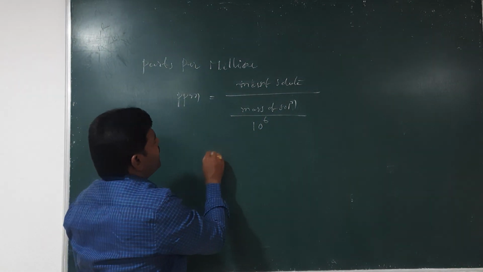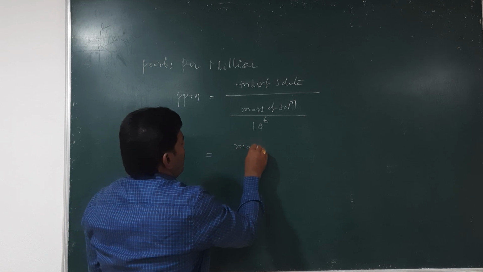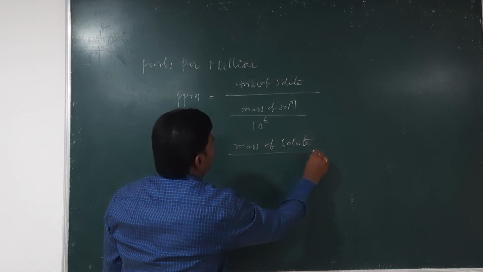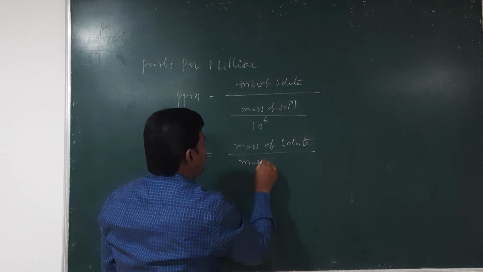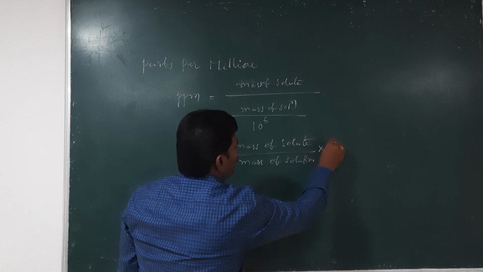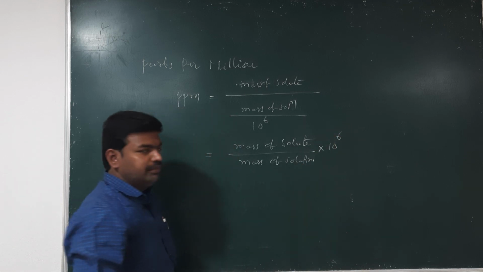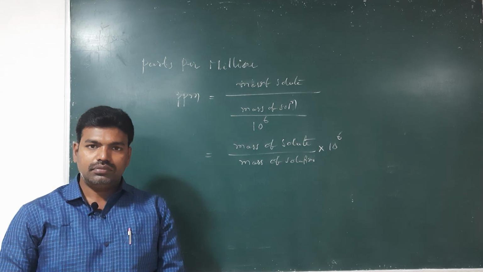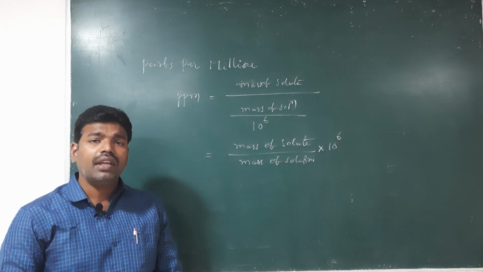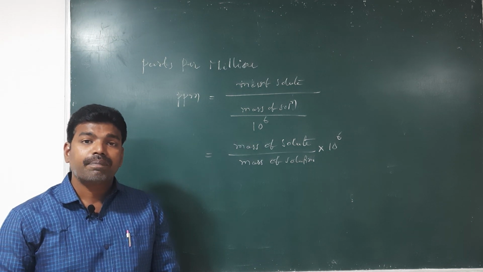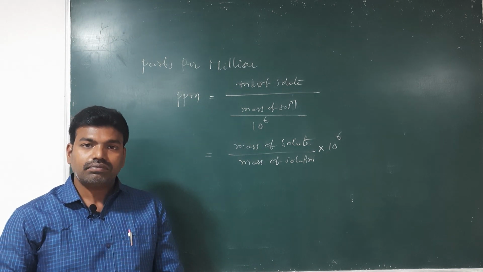Now we can write this equation: mass of solute by mass of solution into 10 power 6. In this way also we can express the concentrations of solutions.